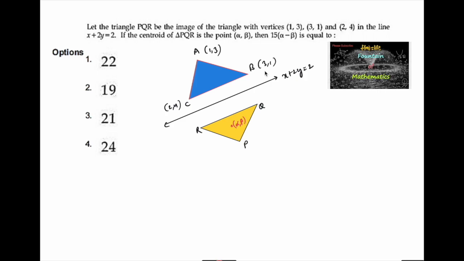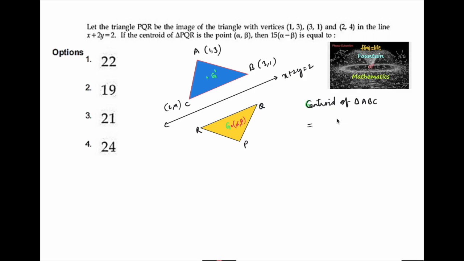Then 15 times of alpha minus beta is, means we need to find the centroid of the triangle ABC. Let us consider G dash, centroid of triangle ABC. We know the formula.